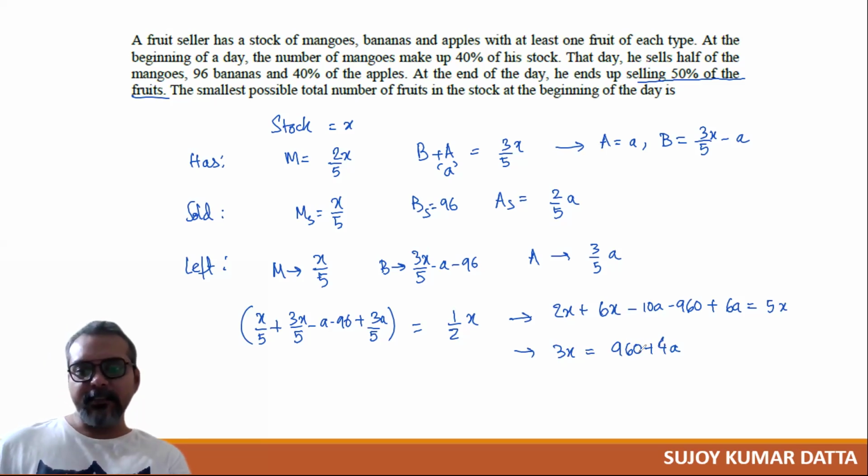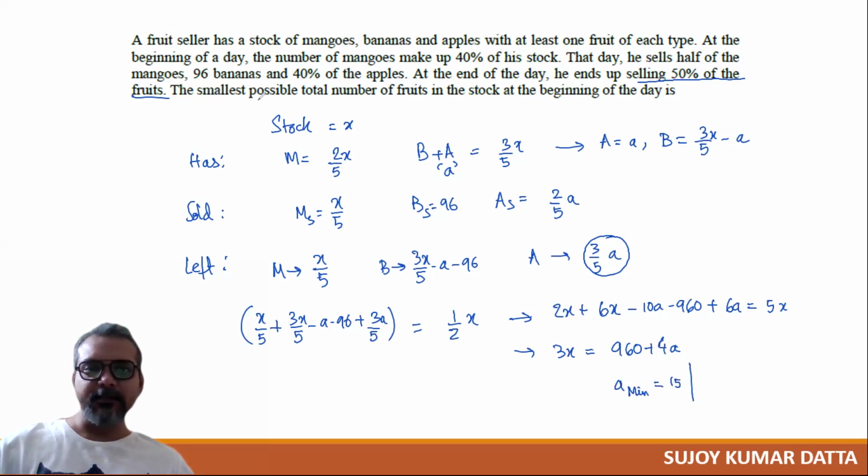Now observe 960 is a multiple of 3, so we need to make 4A a multiple of 3 also. At the same time, because of 3A over 5, you need A to be a multiple of 5 as well. So we need A to be a multiple of 15.